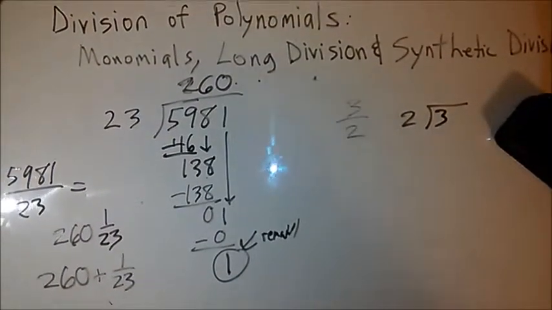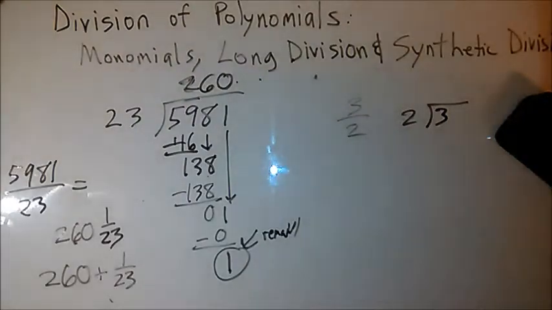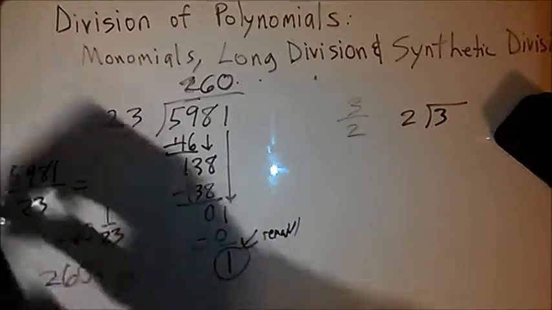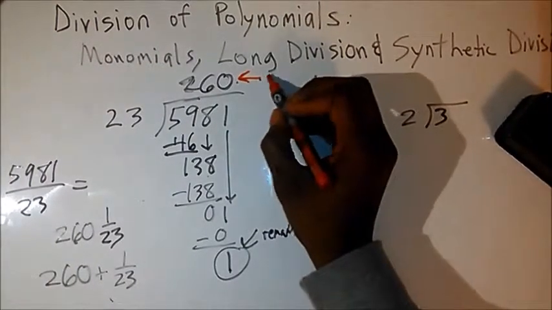See that? Now, it's important that you understand the terminology of long division, so that when I'm speaking later and using the terms of each part of the long division, you will understand what I'm talking about. So this part here, the answer, is called the quotient.